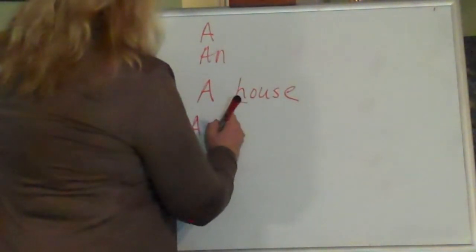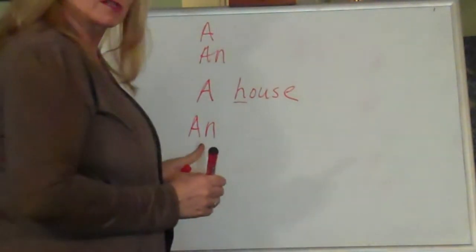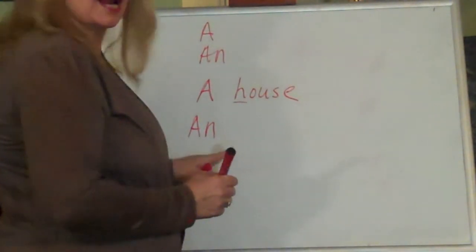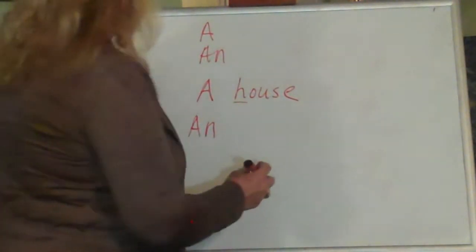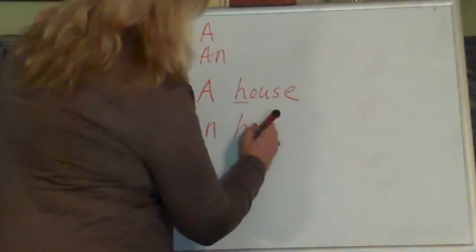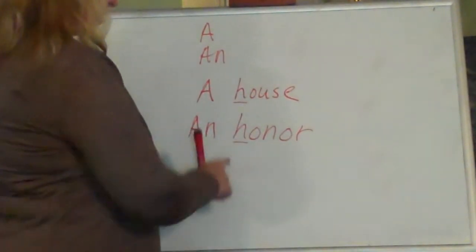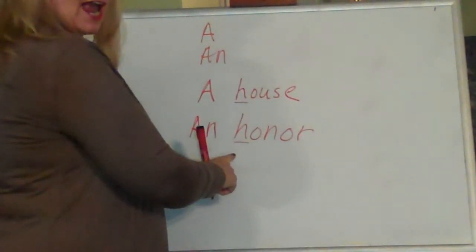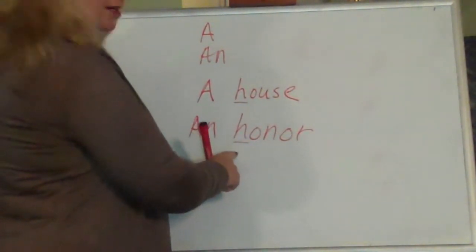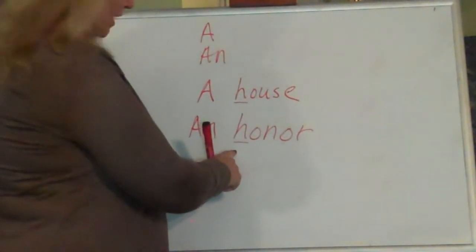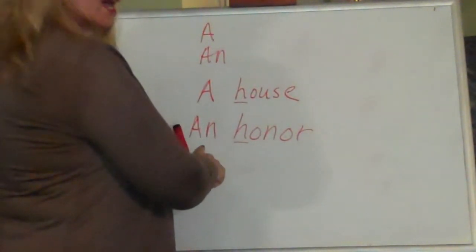Whereas if I'm using an, I use this with a word that follows that has a vowel sound. So, for example, I can have another word that starts with H, and even though this is a consonant, listen to what it sounds like: an honor. It sounds like a short O, right? So I have to use an before that.